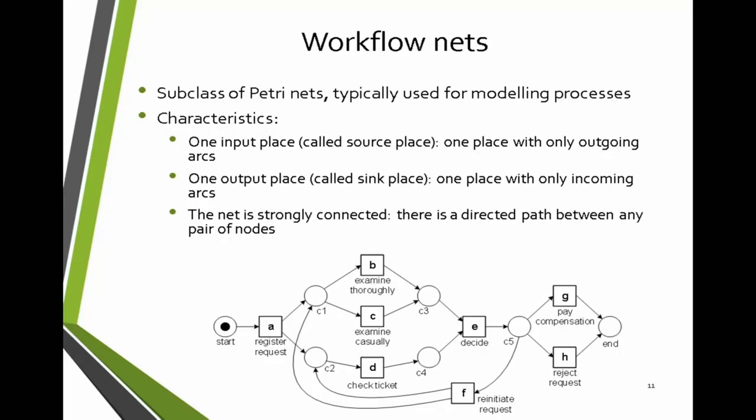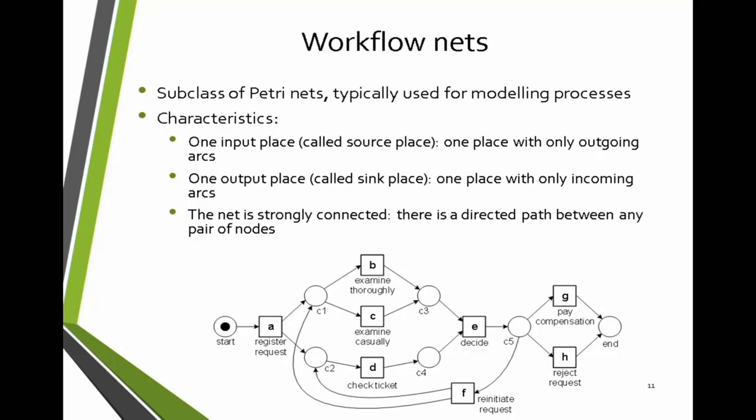Directed meaning you cannot go against the direction of the arcs. So, for instance, A and E need to be on a directed path. A directed path doesn't take into account the firing semantics. You just have to find a directed path, which in this case between A and E exists.